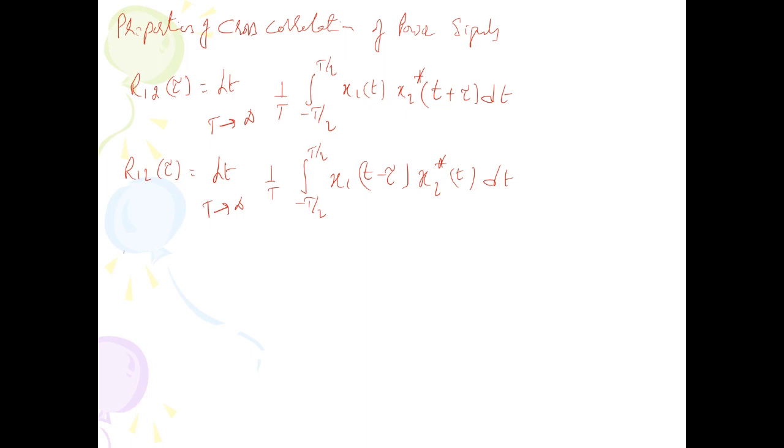First property: R12 of tau is equal to R21 star of minus tau, which means the cross correlation function R12 of tau exhibits conjugation symmetry.